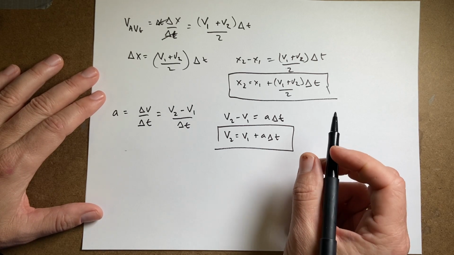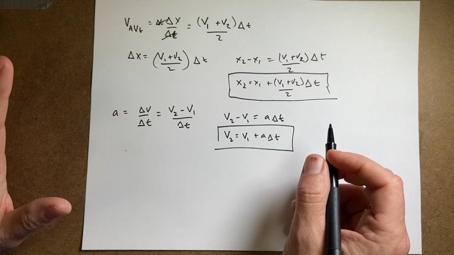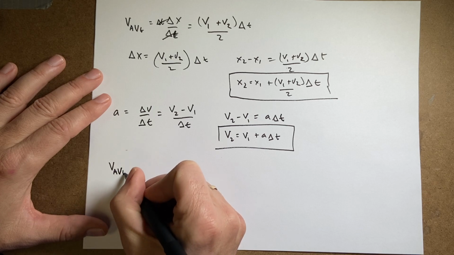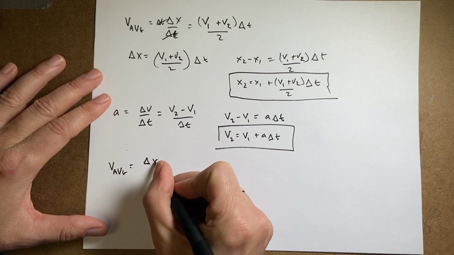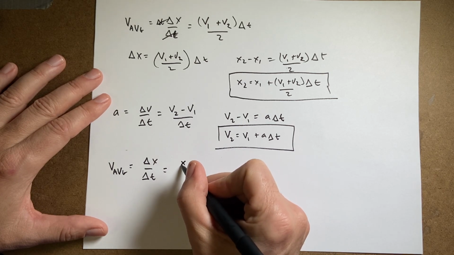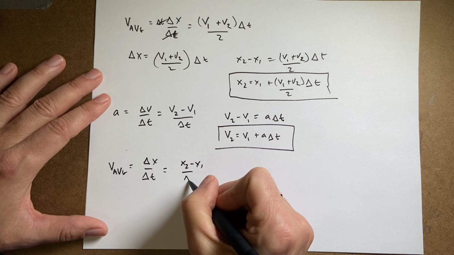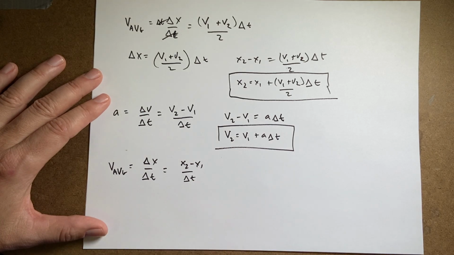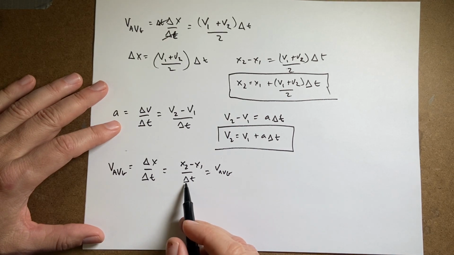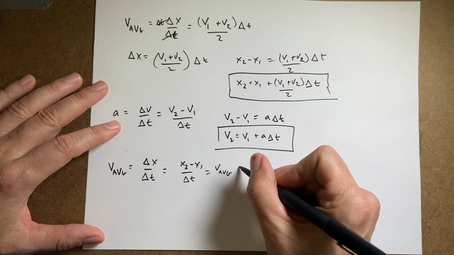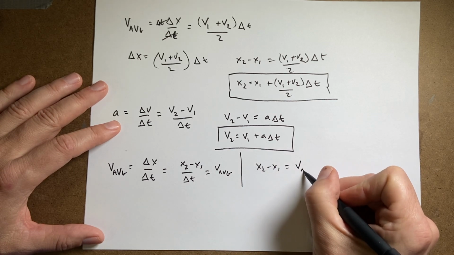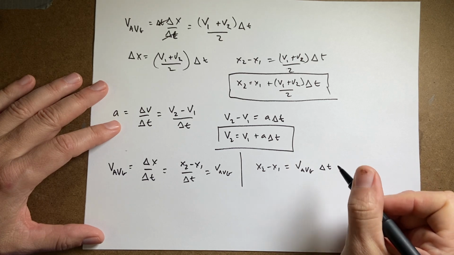So let me start with the definition of the average velocity. Again, v average equals delta x over delta t. And I'm going to go ahead and put in x2 minus x1 over delta t is equal to the v average. Okay, I'll write it right here. Now I'm going to multiply both sides by delta t, and I get x2 minus x1 equals v average delta t.